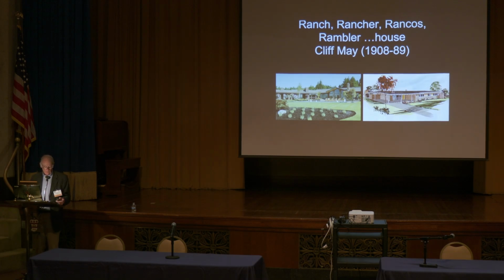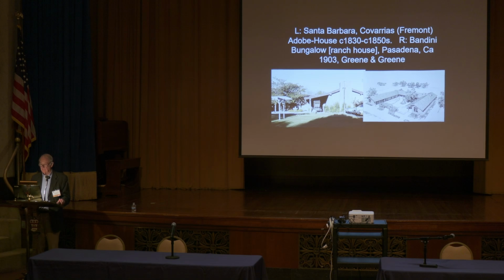Now, the origins of the ranch house are manifold, and they go back to the Spanish Mexican settlement out in the Southwest and California, and buildings such as this one on the left, the Cornelius, or Fremont House, up in Santa Barbara, which, as you can see, is basically a single story.